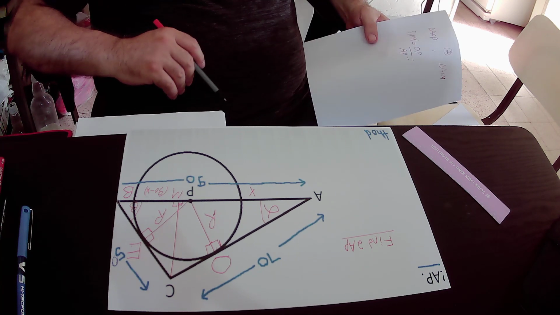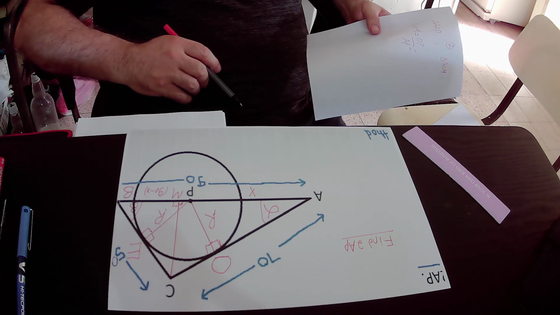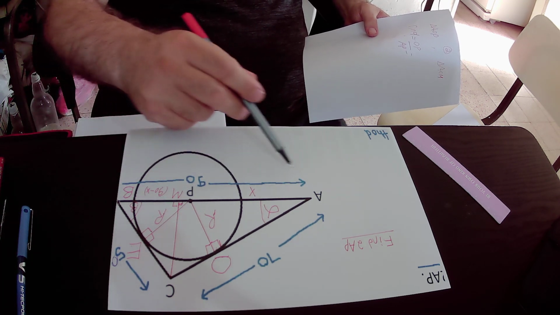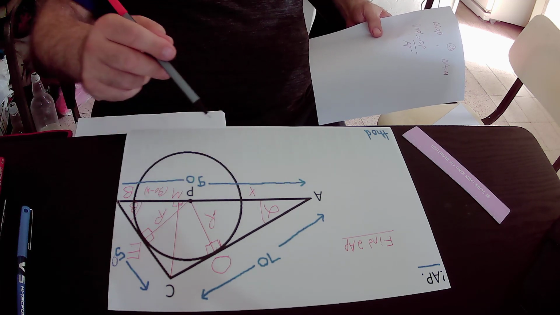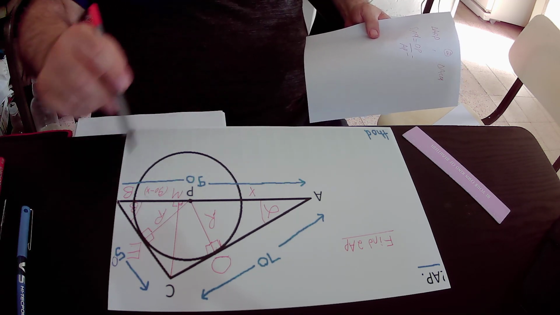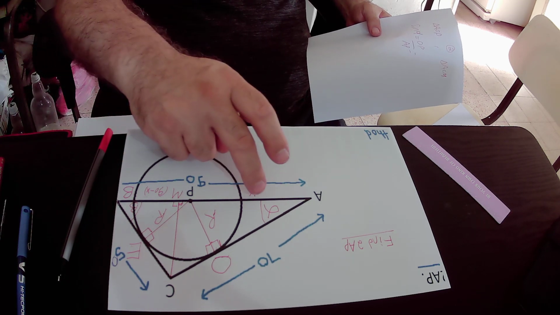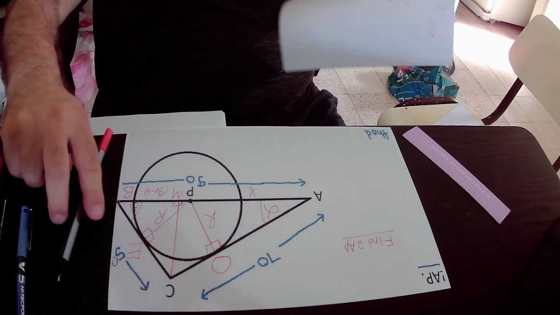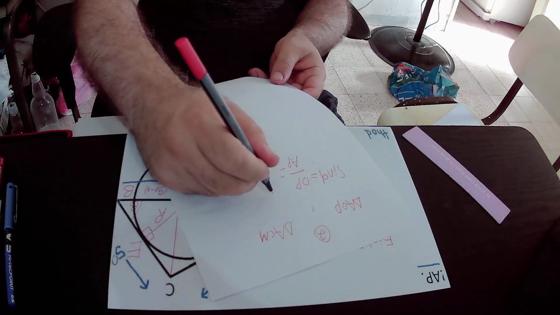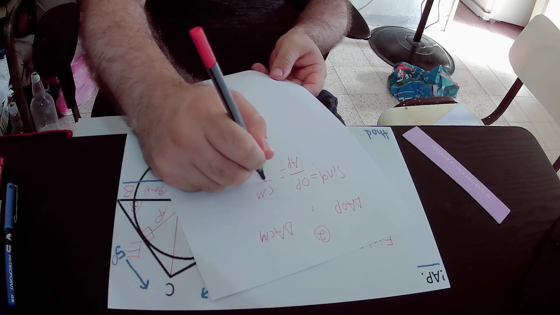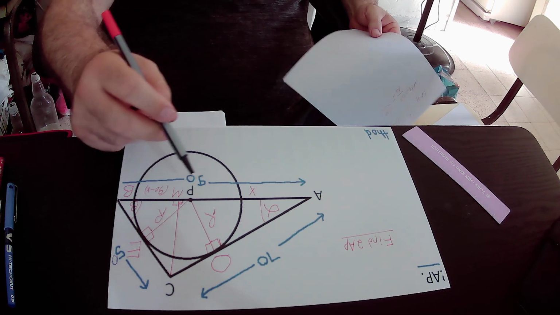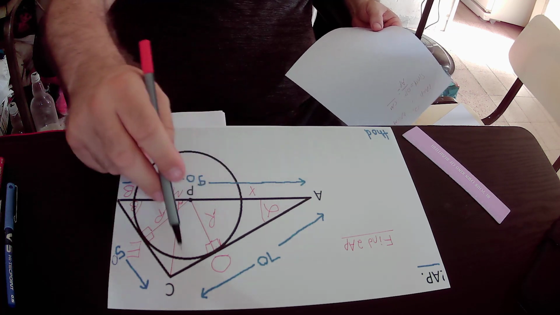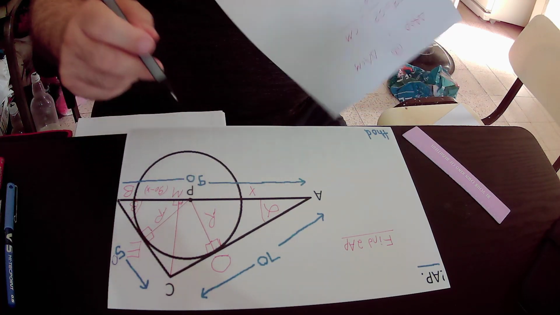Now we will focus on the right triangle ACM. In the right triangle ACM, sine alpha will be equal to the side that is in front of angle alpha, that is CM, over the hypotenuse of triangle ACM, which is actually AC.